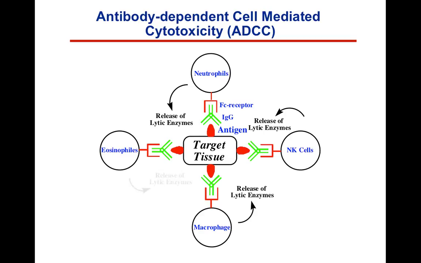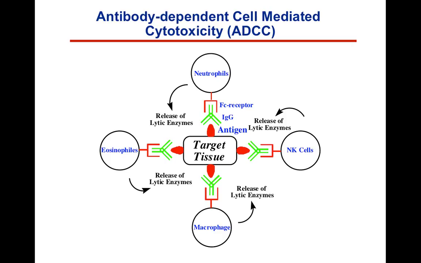And the last one are eosinophils. You'll see these are in the tissues, and they can go after parasites, for example, and they have receptors that will go after antibodies bound to parasites and release lytic enzymes to destroy them.